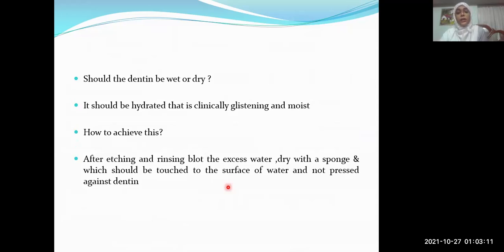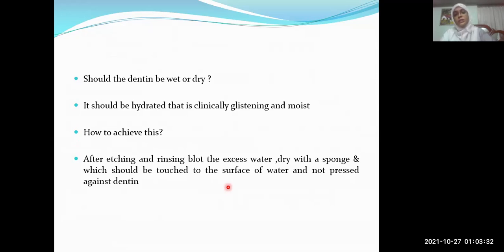Another question is, when we are saying etch and rinse, once you do the etching, rinse, and then apply the primer and bonding agent, you should know how dry the dentin has to be. Should it be too dry or too wet, or how should it be?